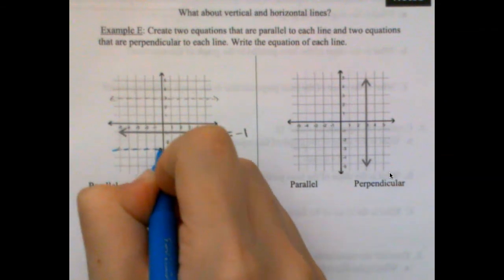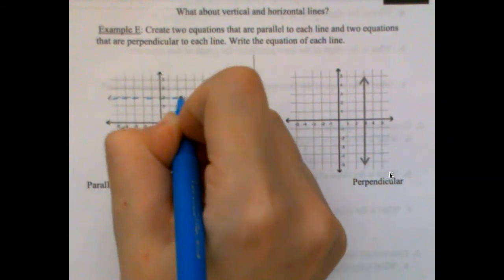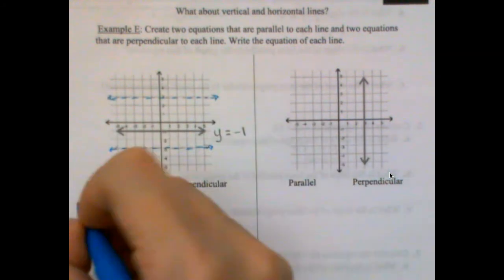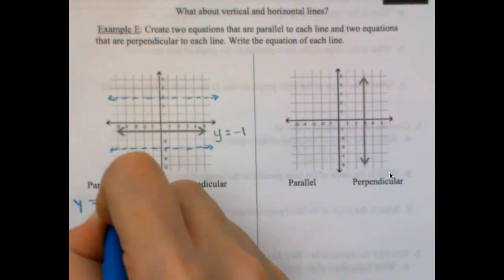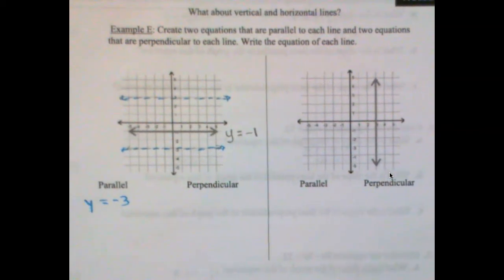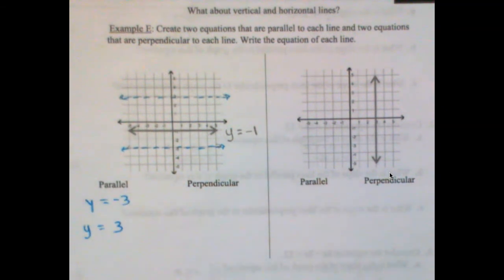So we'll do parallel in blue here. Okay, so those are two parallel lines, and the equation for this bottom one would be y equals -3. And the equation for the top one, I drew that line through +3. So there's two examples of two lines that are parallel to my original. Okay.